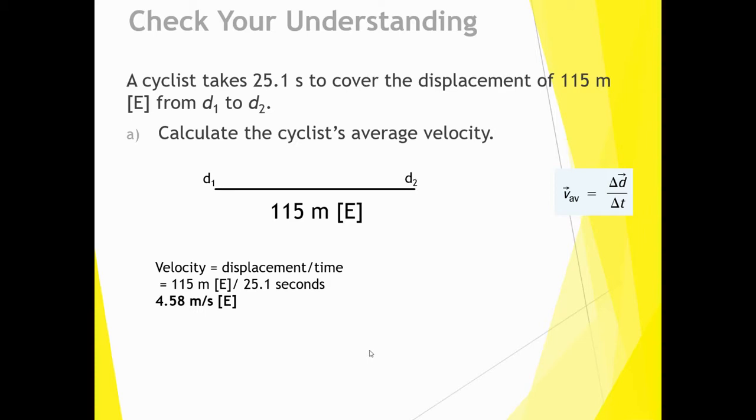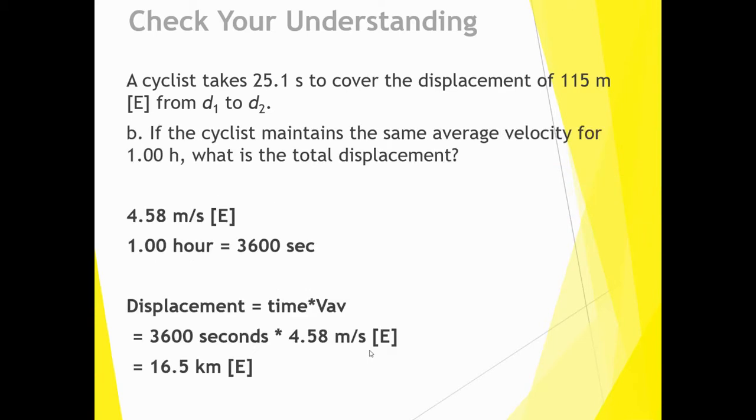So then part B asks us if the cyclist maintains the same average velocity for 1 hour, what is the total displacement? So we did calculate that this was 4.58 meters per second east, and 1 hour is 3,600 seconds.